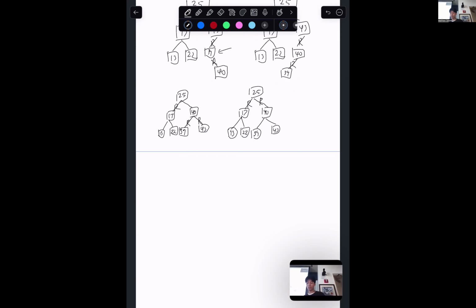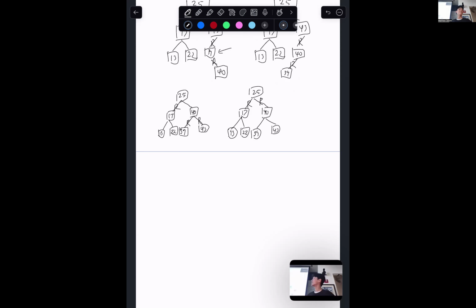They can ask us to switch it back. Exactly. If you're rusty on that, they could look at problems where, given this LLRB, what is the one-to-one corresponding two-three tree? Totally fair.